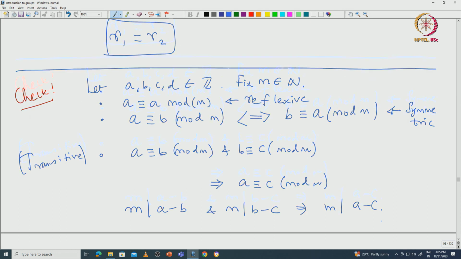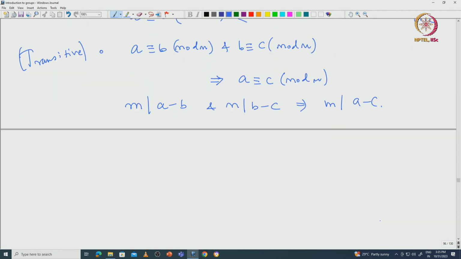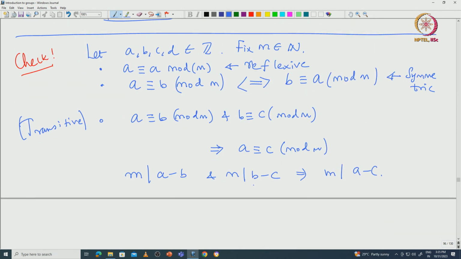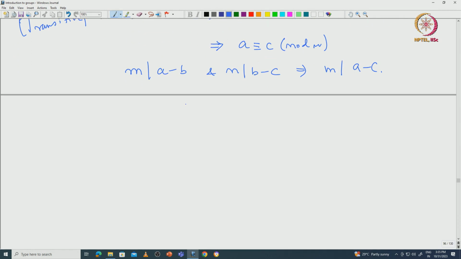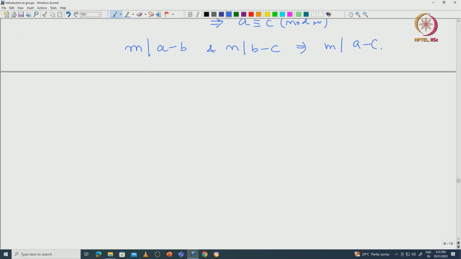So these are all properties of this relation, that is, a congruent to b modulo m. It is reflexive, symmetric and transitive. On top of it, this congruence is also well behaved with respect to other arithmetic operations.